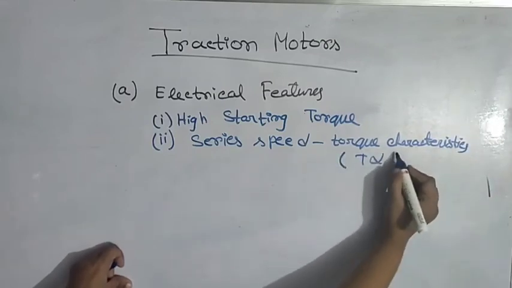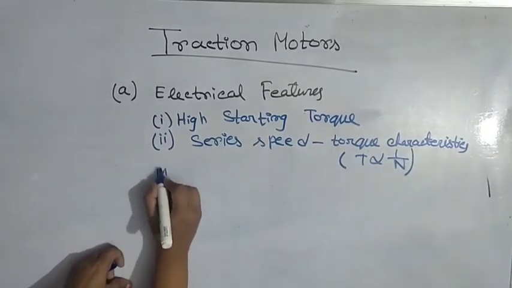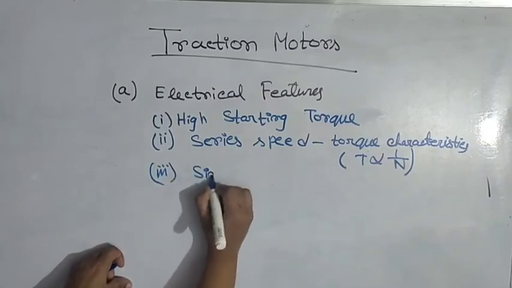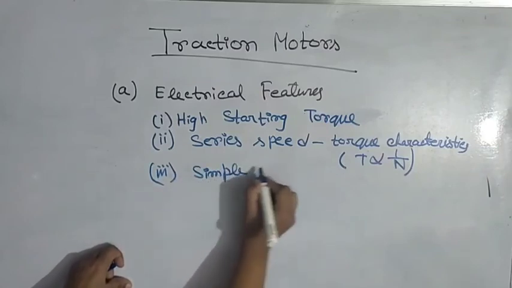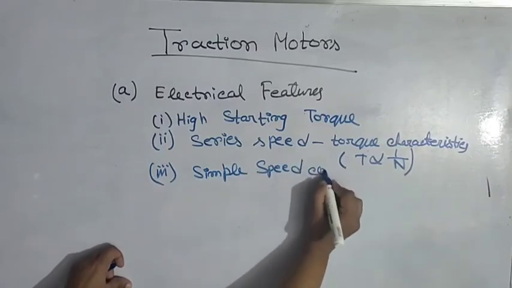T is proportional to 1 by n. Third is simple speed control.